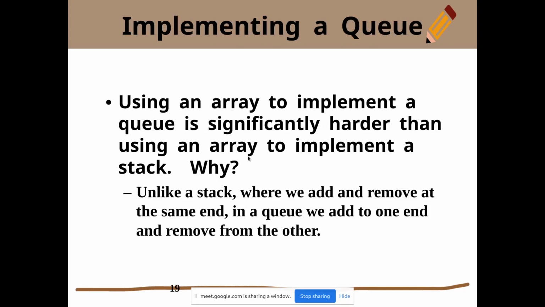Can you think of any approach where array is used for a queue? In any way, can you think of any approach where array can be used for a queue? Anything?